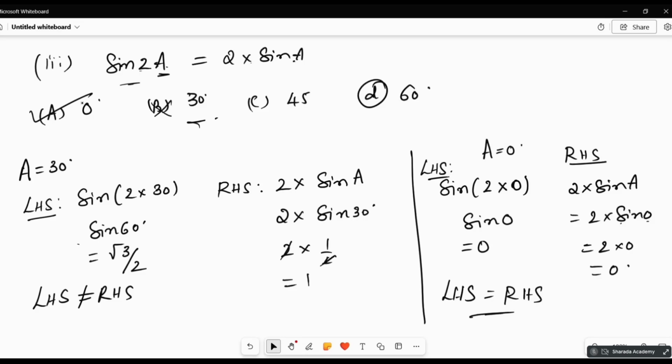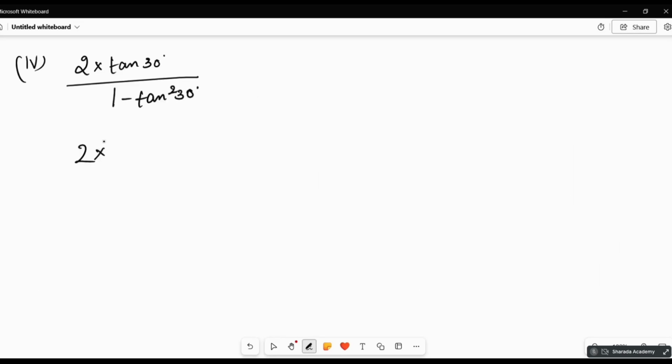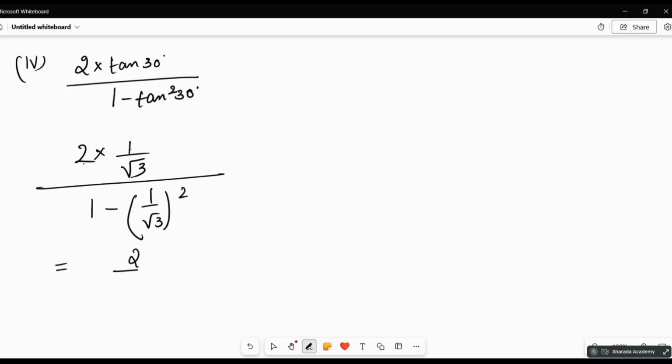Understood? Now, 2 into tan 30 is 1 by root 3, divided by 1 minus tan 30 is 1 by root 3, whole square. Okay. So we will get 2 by root 3 by 1 minus 1 by root 3 into 1 by root 3, which is 1 into 1, 1, root 3 into root 3, 3.